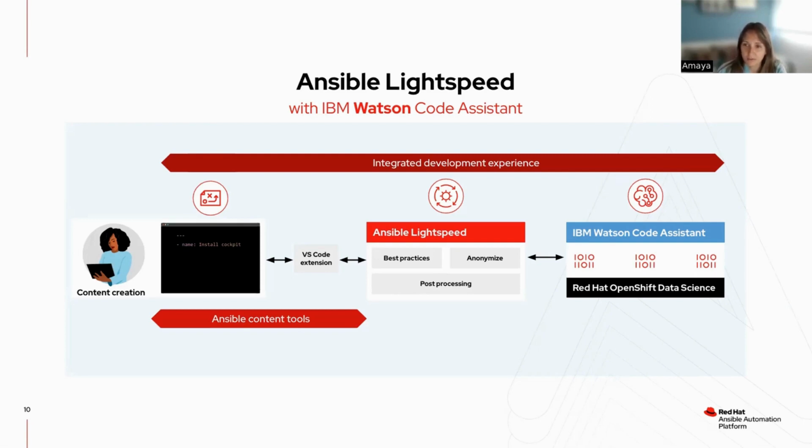Lightspeed, after training, will present you with quality playbooks that will reduce your coding time dramatically. Unlike ChatGPT, which builds its large language models on essentially all publicly available data it could vacuum in, Red Hat large language models are curated and domain specific.